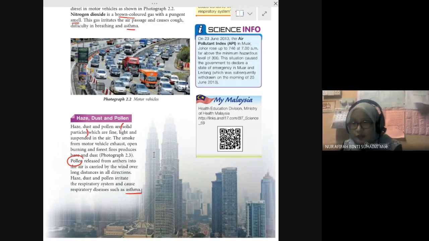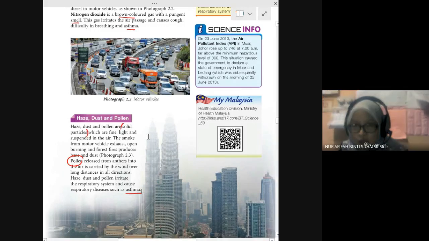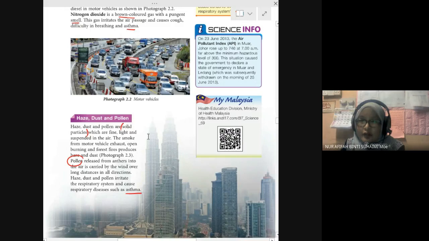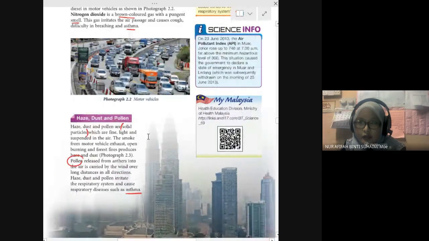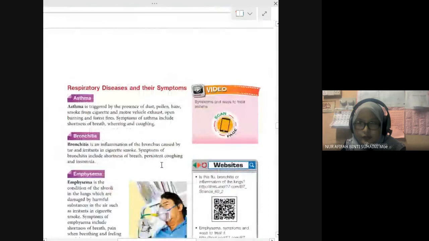Nitrogen dioxide comes from exhaust also. Sulfur dioxide, combustion of coal in power stations. And then haze, dust, and pollen from open burning. Okay, next.